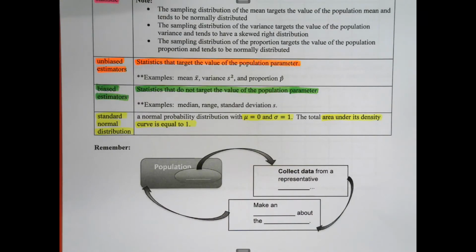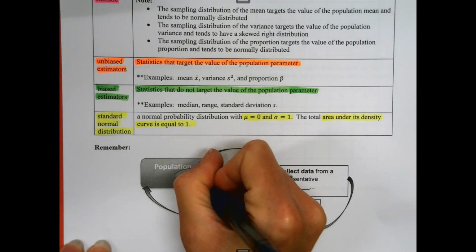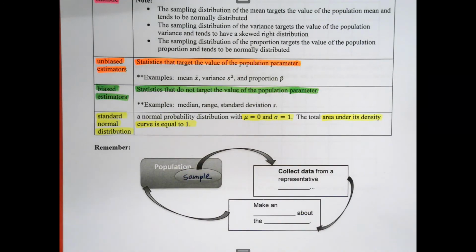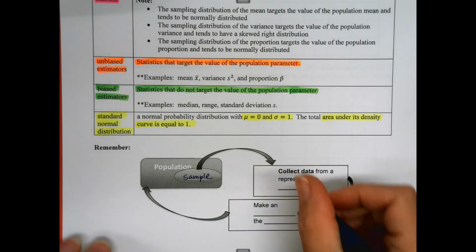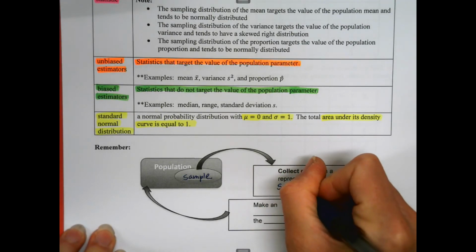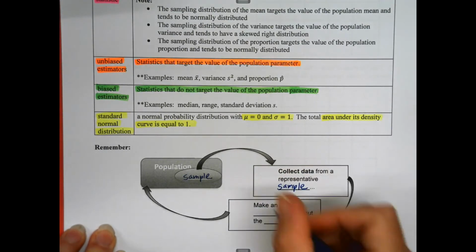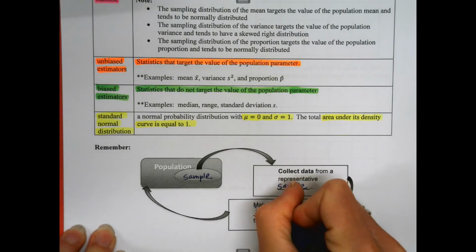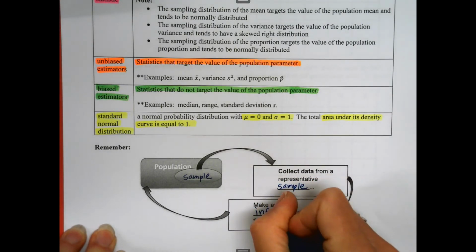This section is important because it allows us to take a sample from a population, collect data from that representative sample, and then make an inference about the population.